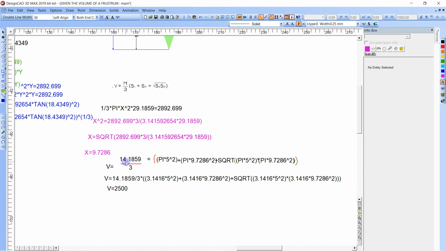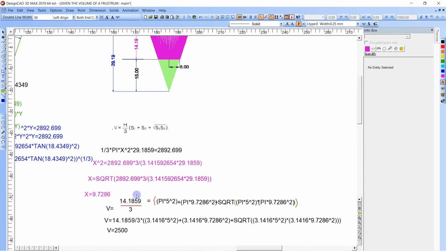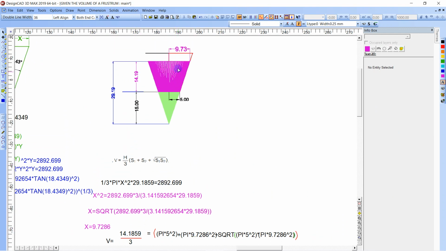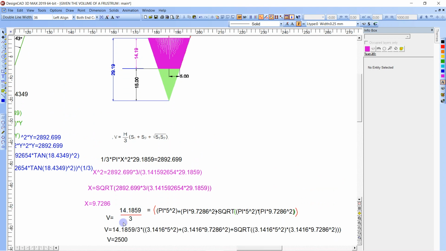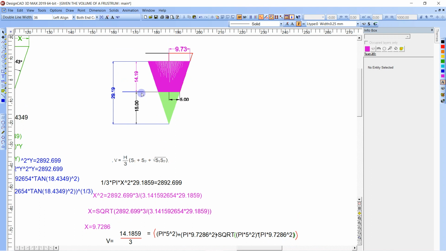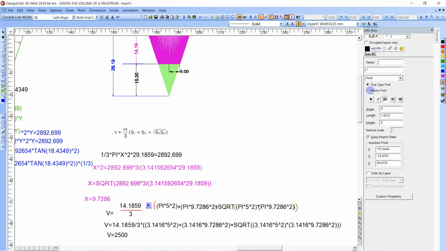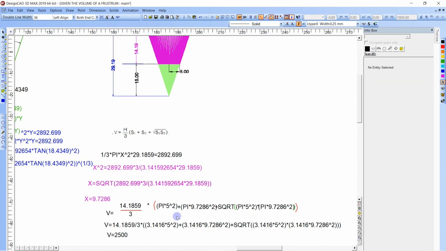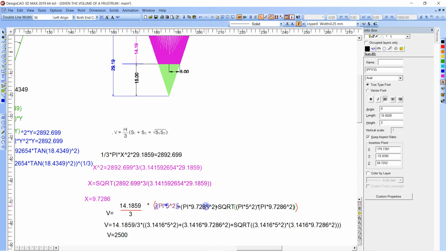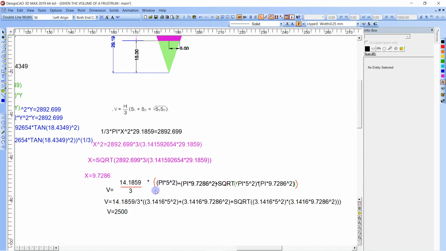So we have the height, which is of a frustum. We're going to plug it into the frustum. All right, so we have the radius of the top one, 9.73. No. Oh, it's the height divided by 3 times. And I put this stuff in separations because it's a little hard to keep track of the parentheses, right?